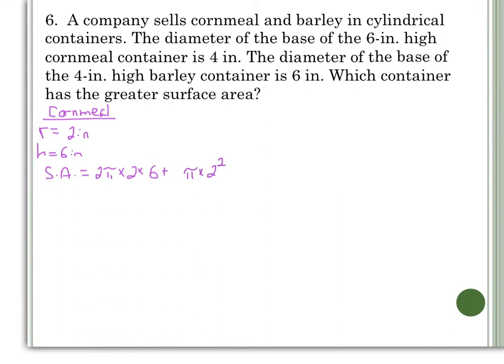So surface area equals 2 pi times 12 plus 2 pi times 4.